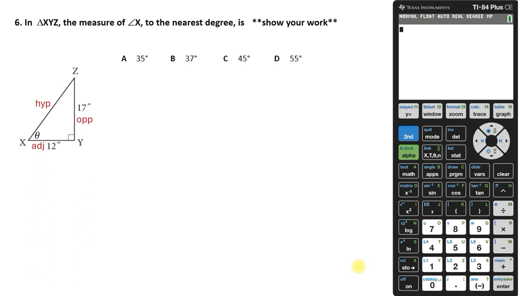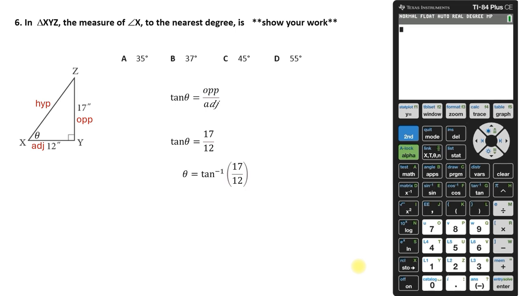That makes our opposite side 17 and our adjacent side 12. The trig ratio that deals with opposites and adjacents is tan. So we can say that the tan of theta equals opposite over adjacent. For this specific triangle, we can say that the tan of theta equals 17 over 12.